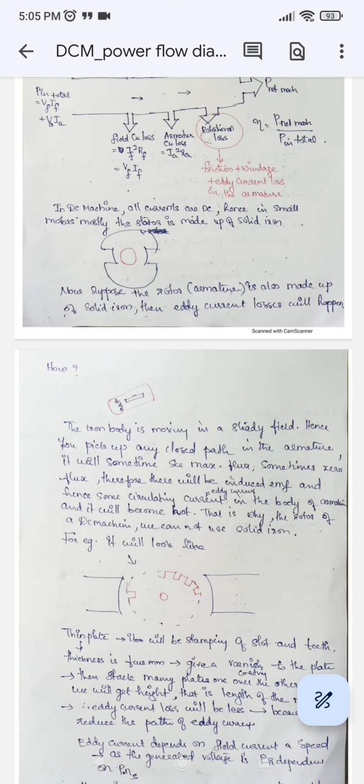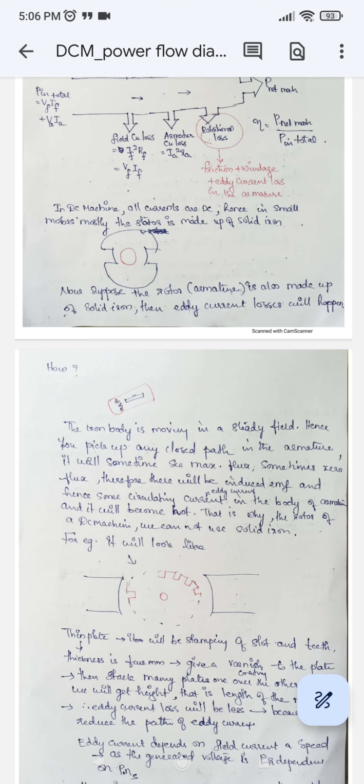So there is a possibility in the rotor because the rotor is rotating in the stationary magnetic field, isn't it? This is the reason why the rotor experiences an eddy current loss while the stator does not. So the iron body is moving in a steady field. Hence, if you pick up any closed path in the armature, it will sometimes see the maximum flux, and sometimes zero flux.